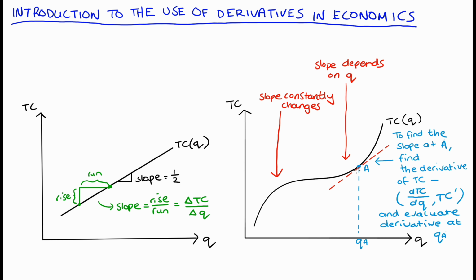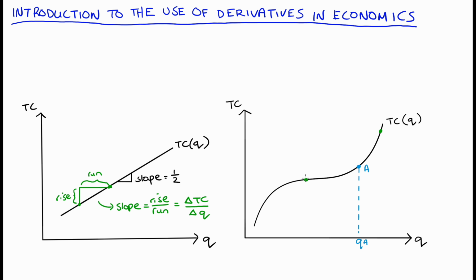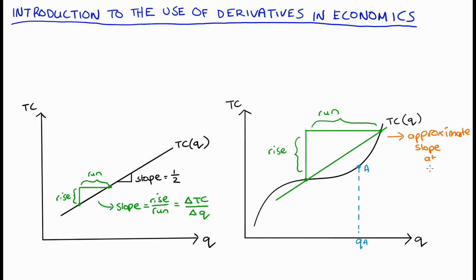Well, we could think about approximating the slope of this function at point A by taking rise over run in the vicinity of point A. That would be more like an approximation. So for instance, we could do it here. And if we took rise over run between these 2 points, we're essentially finding the slope of the line that is the secant that intersects those 2 points there.